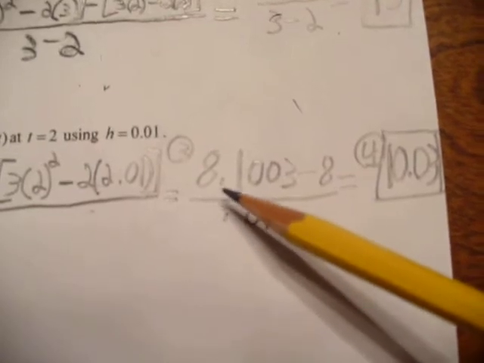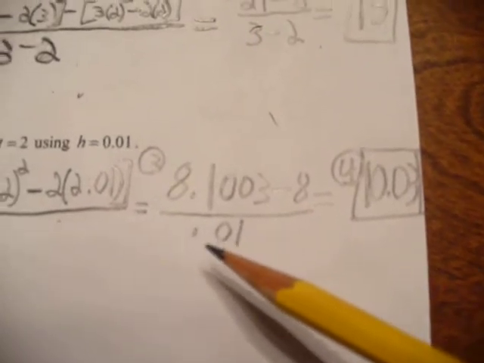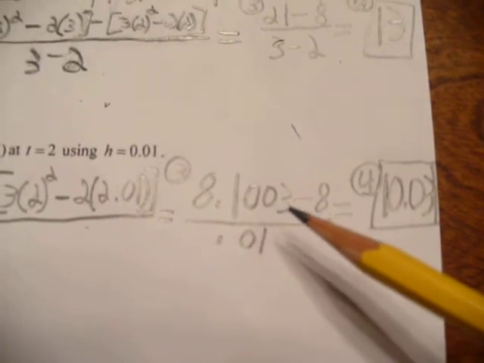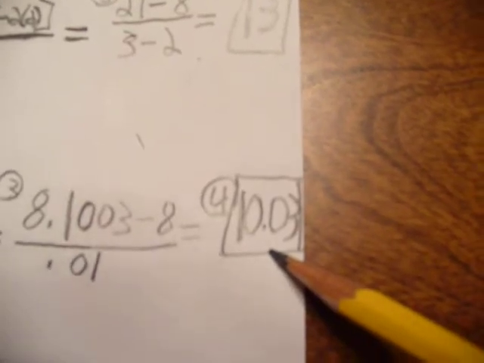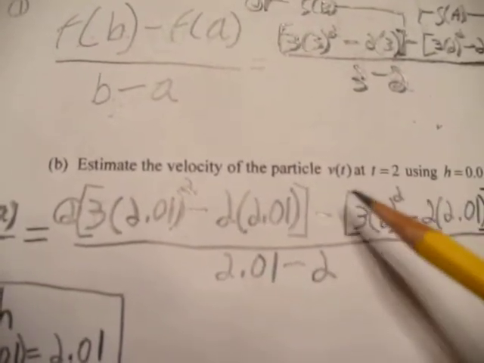After doing the math here, this will equal 0.1003, and this will just be 0.01. So it's 0.1003 divided by 0.01, which leaves you with the resultant 10.03. That is how you estimate the velocity at a given point.